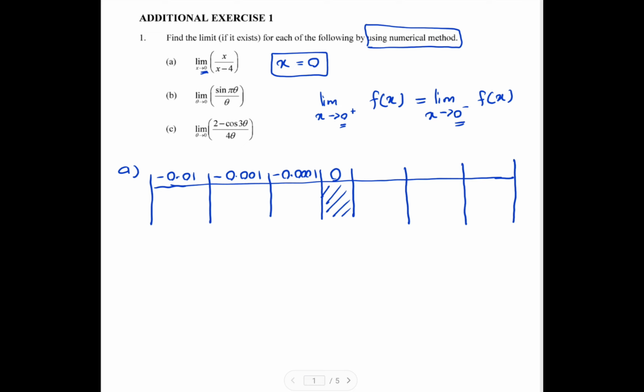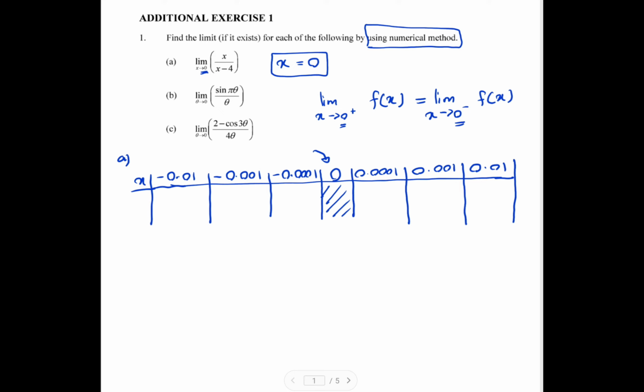Make sure the values you choose are approximate to 0. And then 3 numbers from the right: 0.0001, 0.001, and 0.01.